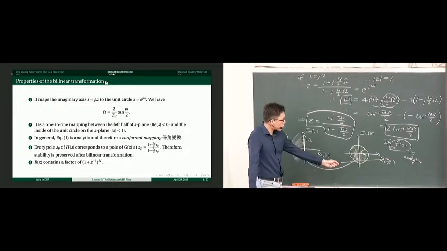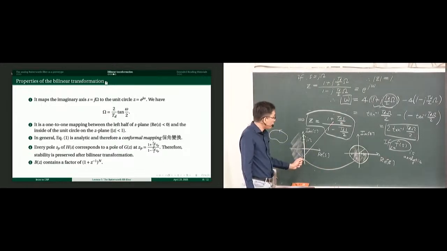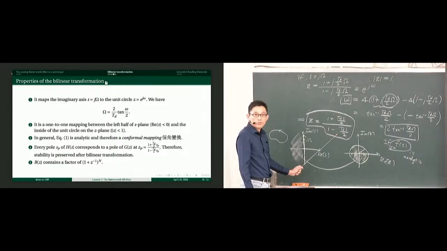If you have a differentiable function, where is this differentiable? Almost everywhere except at this pole location, okay? But everywhere else, z is a differentiable function with respect to s. 对 s 是可微分的。Under the meaning of here, really everything is complex numbers.